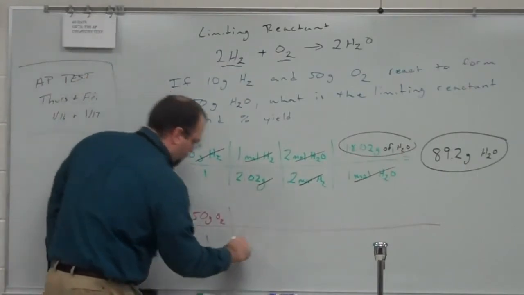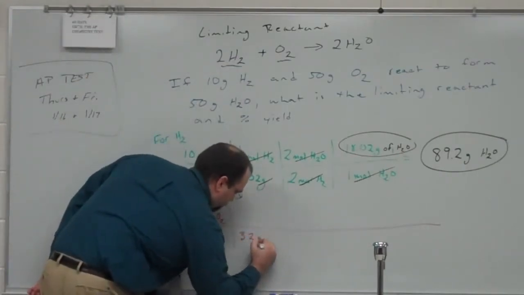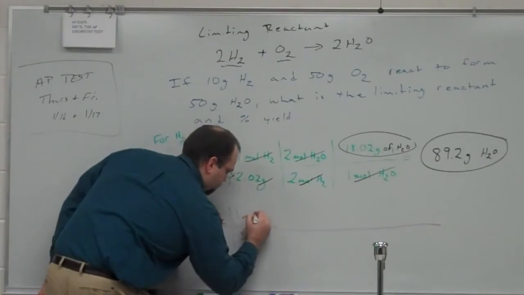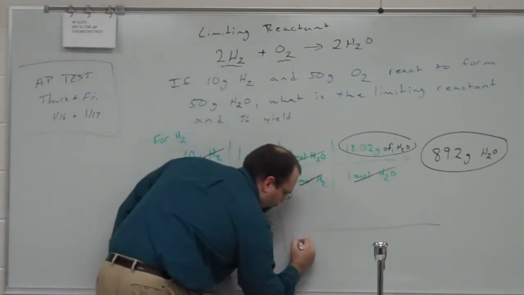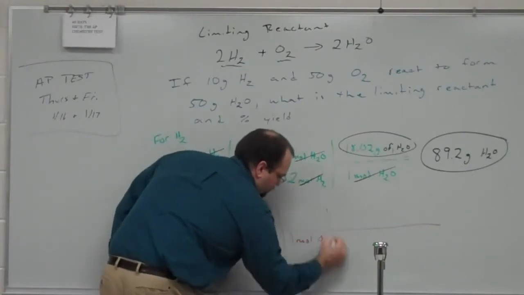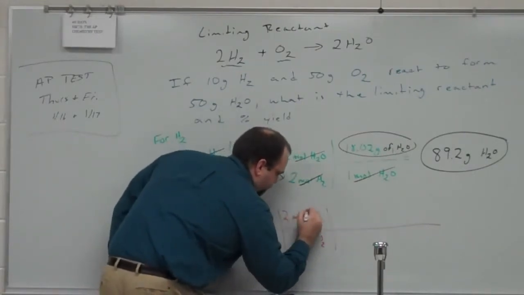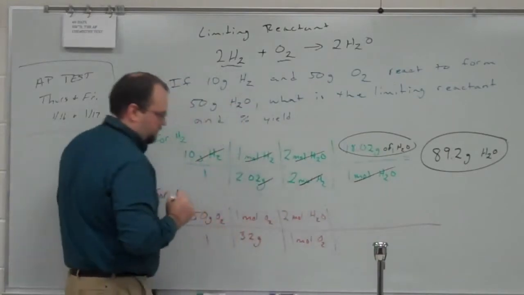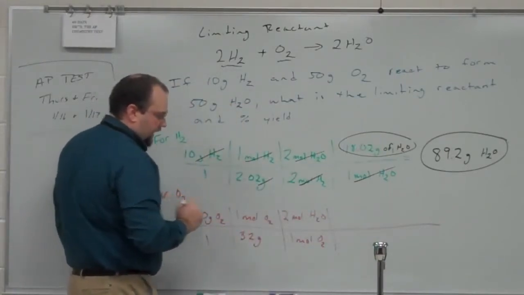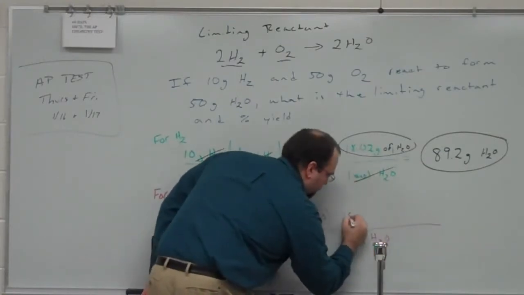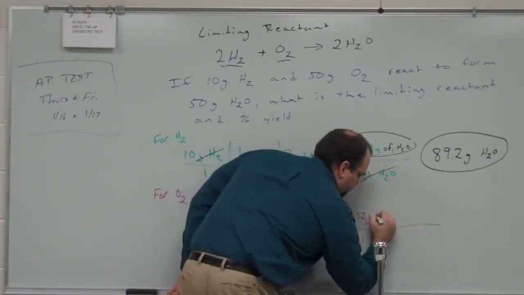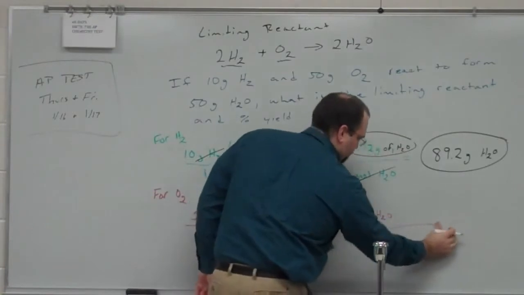Okay. I know my molar mass is 32 grams in 1 mole of O2. I know that for 1 mole of O2, I need 2 moles of H2O. And then lastly, I know that 1 mole of H2O is 18.02 grams of H2O.